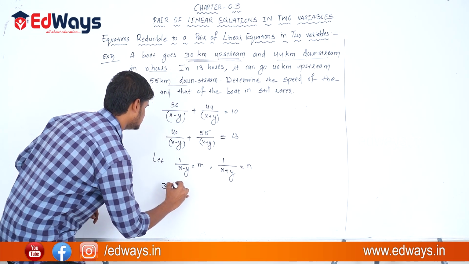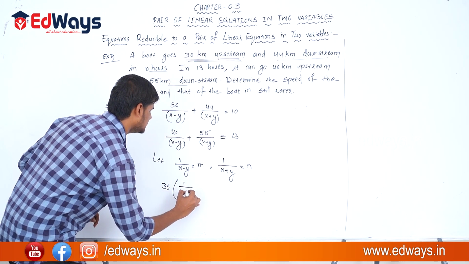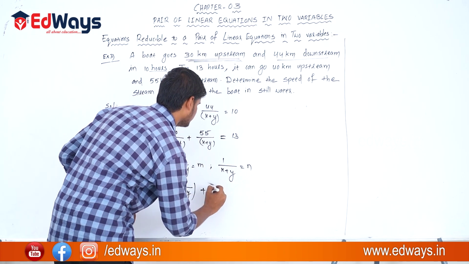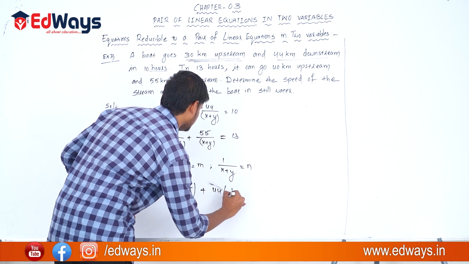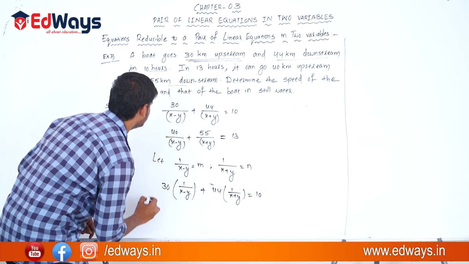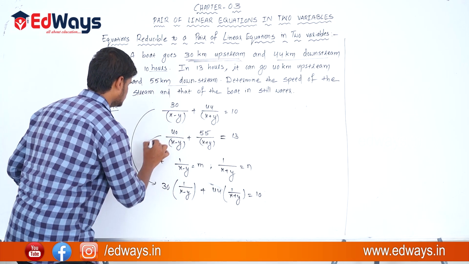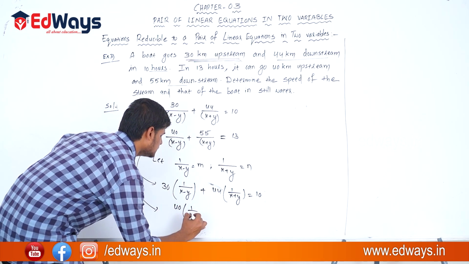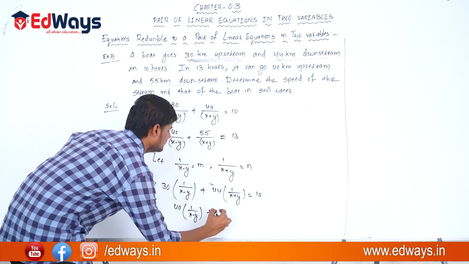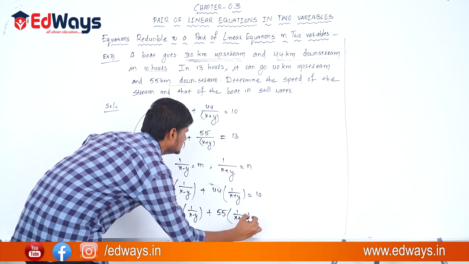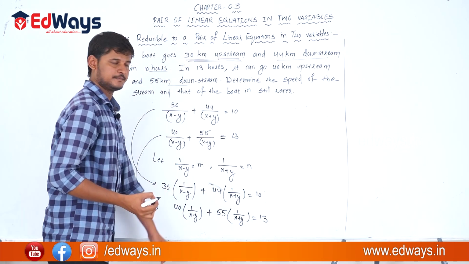The first equation I wrote: 30 into 1 by x minus y plus 44 into 1 by x plus y is equal to 10, and the second equation is 40 into 1 by x minus y plus 55 into 1 by x plus y equal to 13, right.